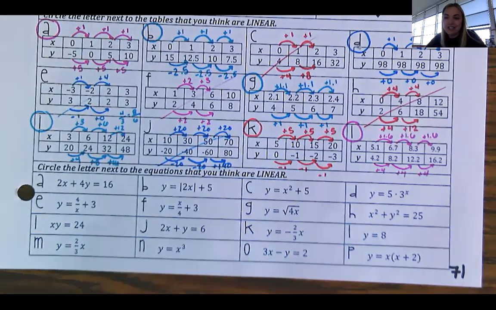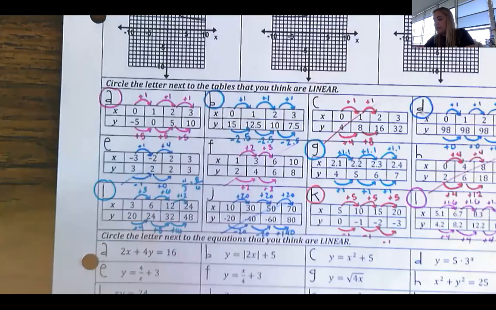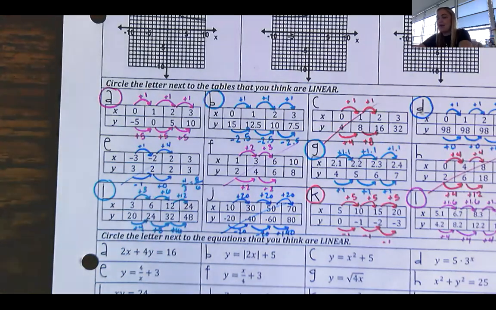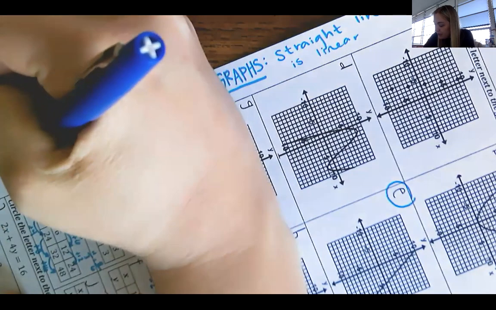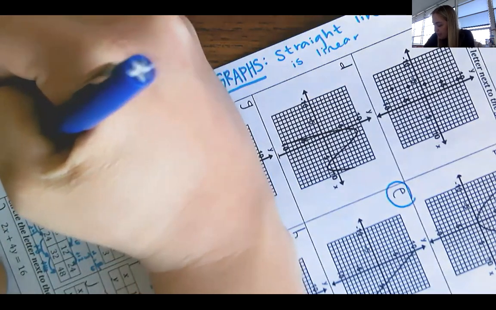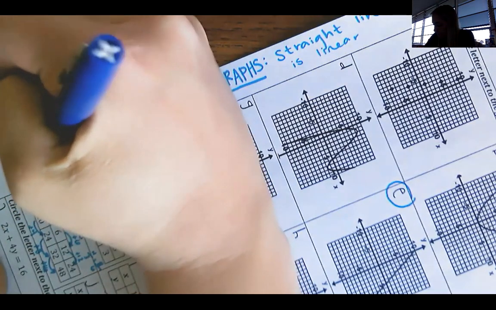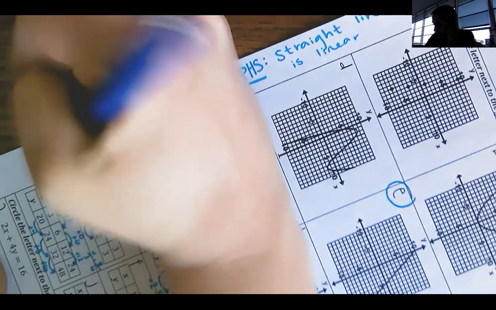Our last section, I would like you to make your initial guesses. Oh, before we do that though, twist your paper sideways and we are going to write a note about tables. So over here, we're going to say tables.